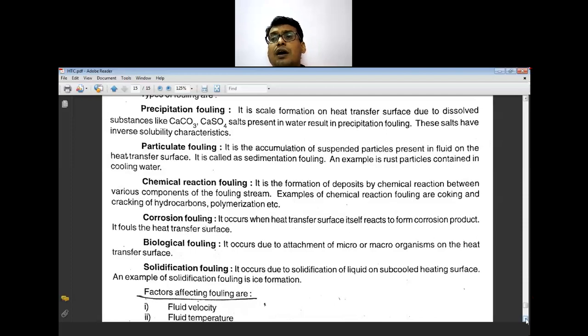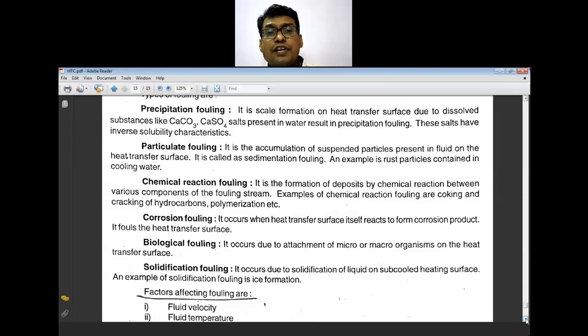Generally, precipitation fouling is because of dissolved substances like calcium carbonate or calcium sulfate salts, and magnesium salts in the water. They can be deposited on the surface and they offer extra additional resistance for the heat transfer.